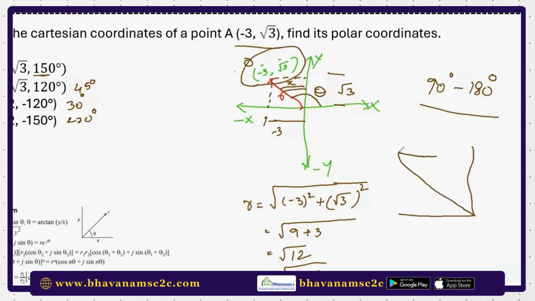This is minus 3, since it is the x value, and this is root 3. This is the origin once again, and this is the x value. Now consider tan x. What is the formula for tan x? Opposite side by adjacent side. We know this formula.